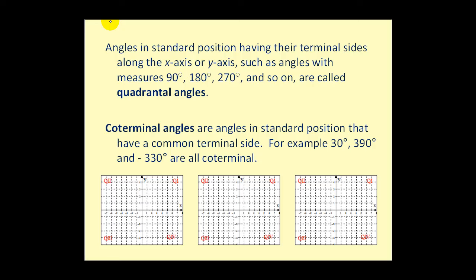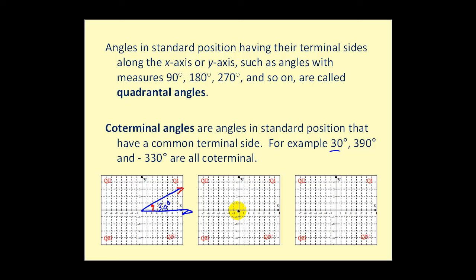Let's plot each of these. Here's our initial side. Let's go ahead and plot 30 degrees now. So we'll rotate counterclockwise 30 degrees, which remember would be about a third of the rotation from 0 to 90 degrees. Now if we try to plot 390 degrees, remember one complete revolution is 360 degrees.